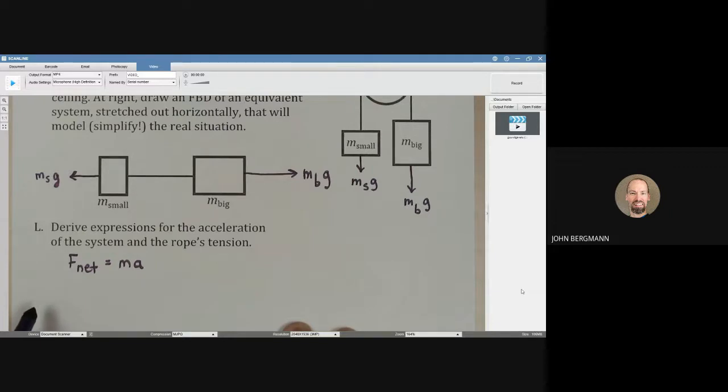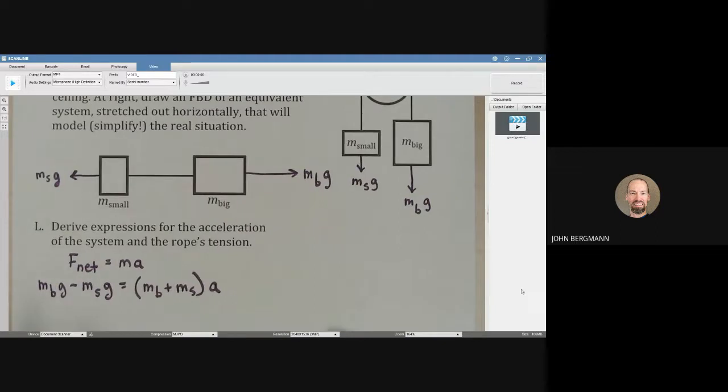The net force on the system is the mass of the bigger one times g minus the mass of the smaller one times g, and that needs to equal the total mass of the system, which is mb plus ms, times the acceleration of the system. We could factor out g over here.